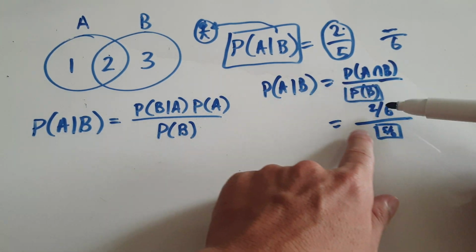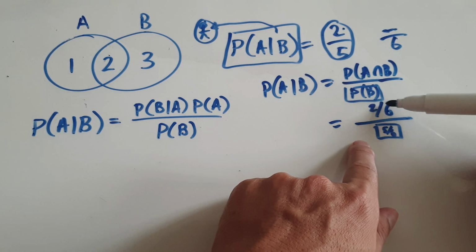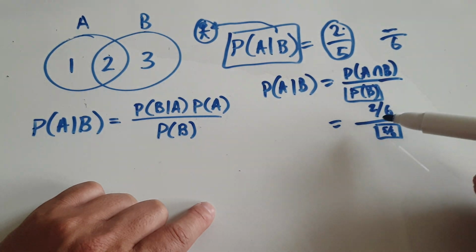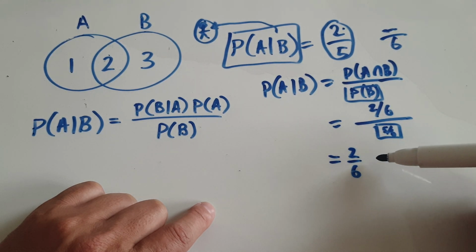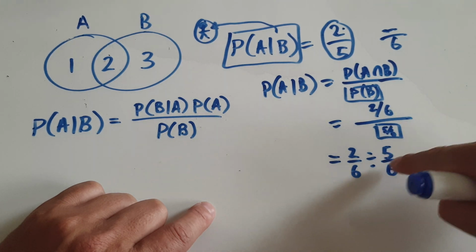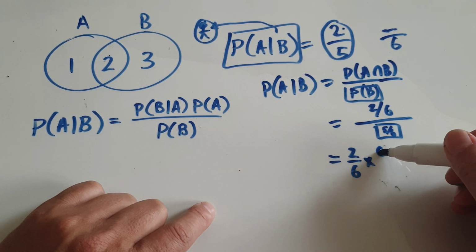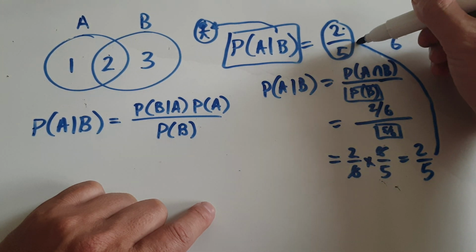So this is given by the probability of A and B, which is 2 over 6, and then the probability of B, which is 5 over 6. Now, when you tidy this up, 2 over 6 divided by 5 over 6 means times the reciprocal of the second, times 6 over 5. Cancel these two out, it becomes 2 over 5, which is the same as up here.